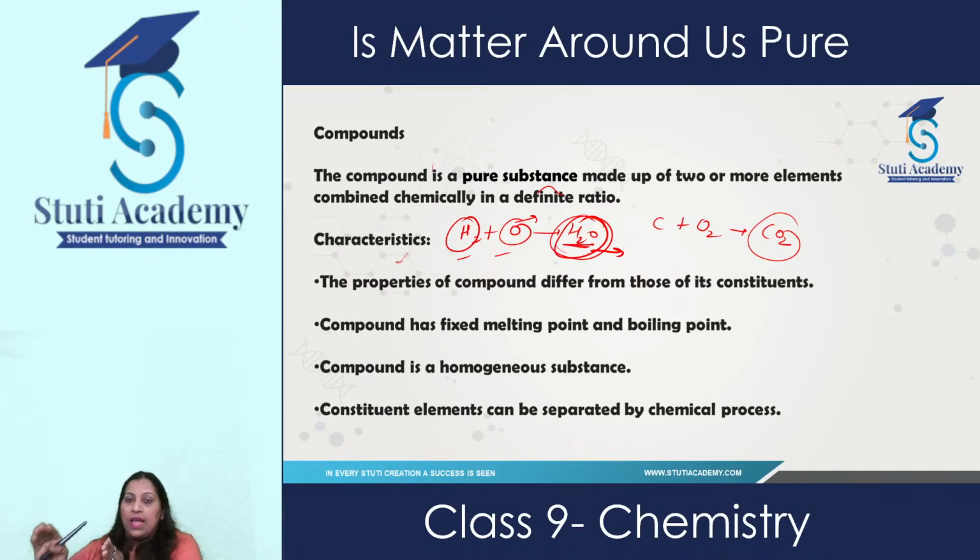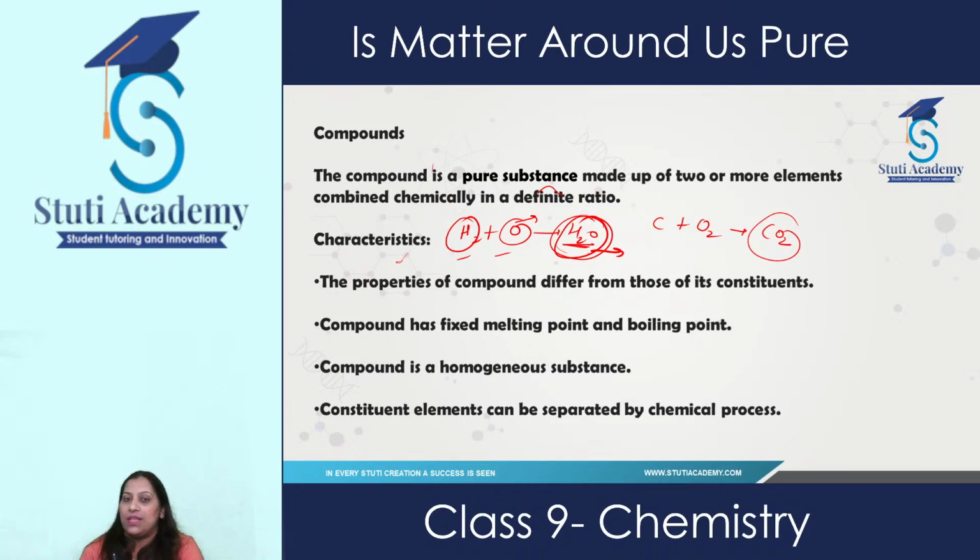We can separate them by chemical process or by passing electricity through them. So we can easily separate them, but once they mix together, the way they mix, we cannot differentiate their boundaries. So it's a homogeneous substance, not a mixture.